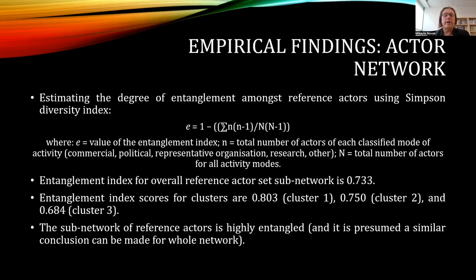The computed entanglement index for this subnetwork is quite high, 0.733. The Simpson index is on a scale from 0, that is no diversity, or as I refer to it, no entanglement, to 1, which is full diversity or full entanglement. So you can see that the number is actually quite high.